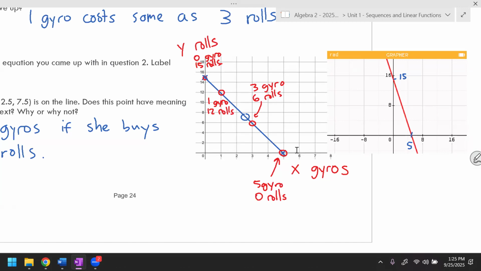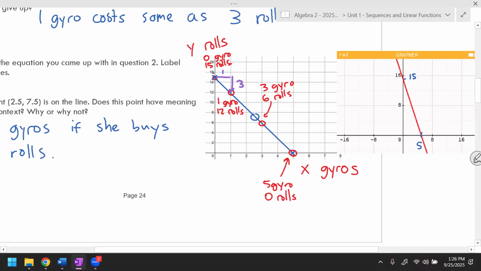Negative what? Negative 1.5 because you're going down. Well, hang on. What's the rise here? How much am I going down for every 1 going across? 3, right? Because in order to go right 1, I go down 3. So our slope here is -3.